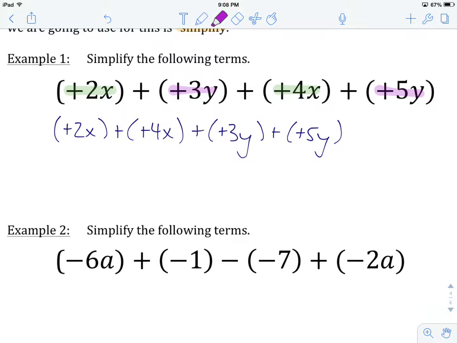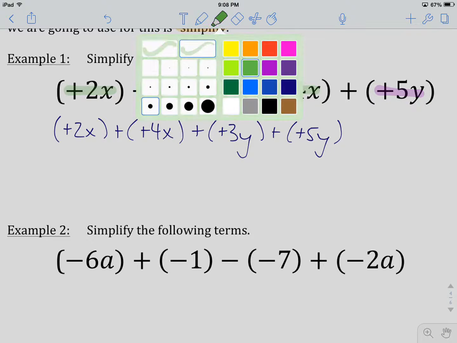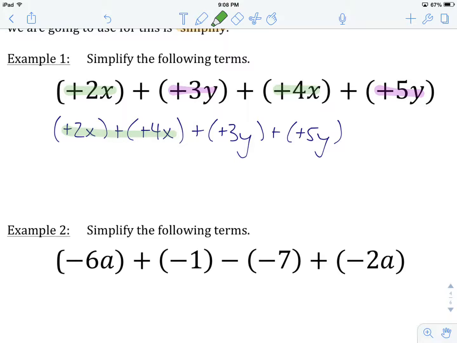Now that we've got the two terms that we are going to combine, the like terms written side by side, so there are my two x terms and there are my two y terms, I'm going to just combine them like we did in the last lesson as if they were integers. So I have a positive 2x plus a positive 4x. That is going to result in a positive 6x.